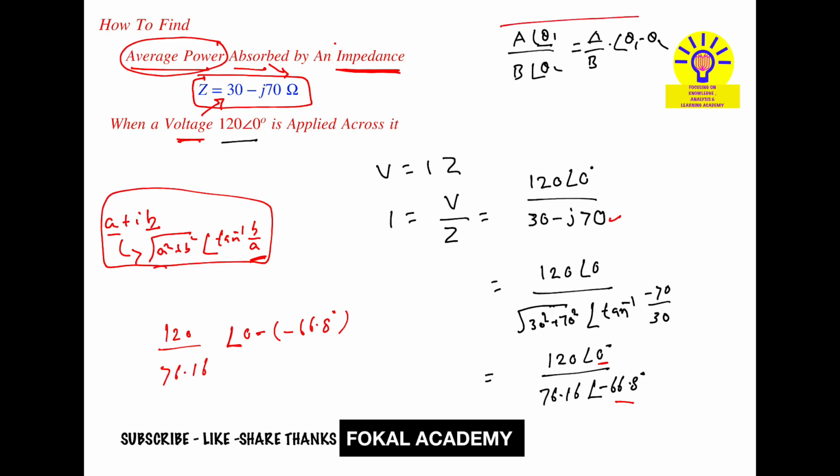Applying this, by dividing we get 1.576, and minus of minus becomes plus, so the phase angle is 66.8 degrees. This is the current in amperes.